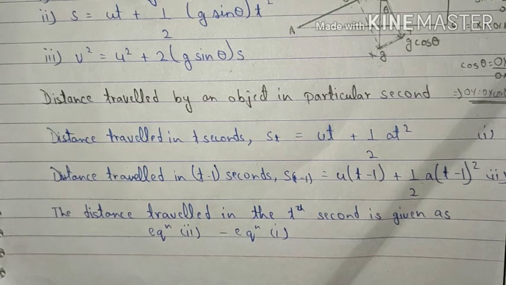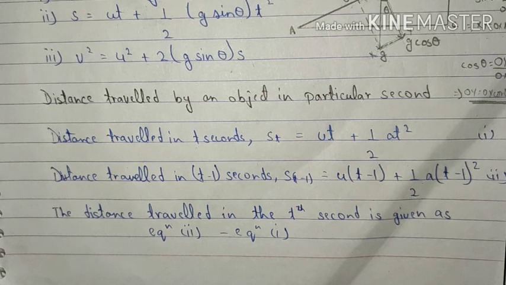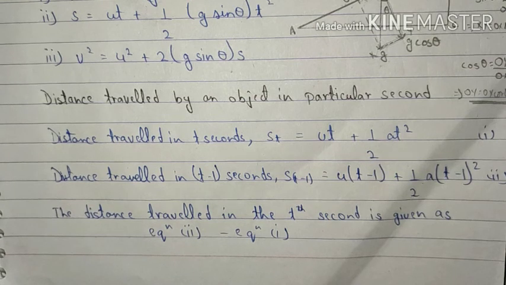Then we can calculate it in this manner. First of all, we will calculate the distance traveled by the body in the complete 10 seconds, then the distance traveled by the body in 9 seconds, and then we subtract the second from the first one. So we will get the distance traveled by the body in the 10th second.